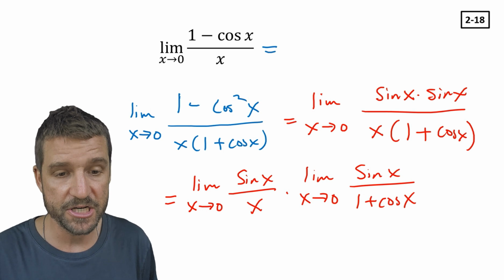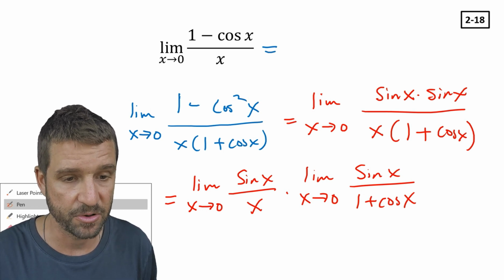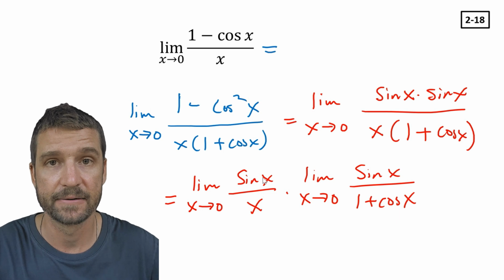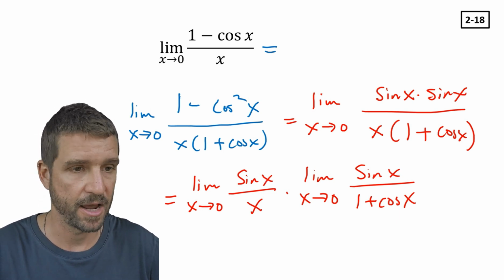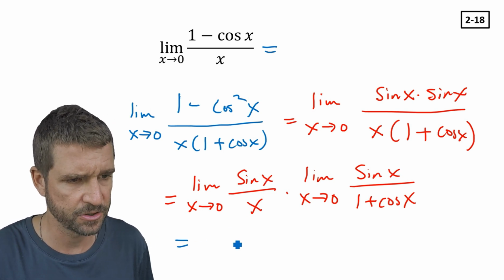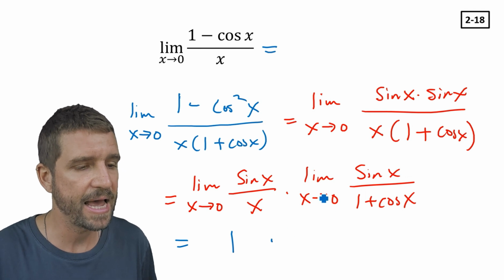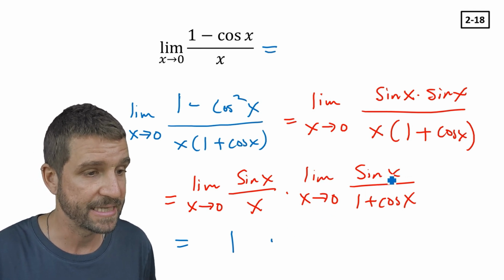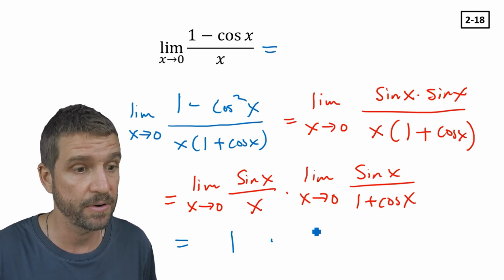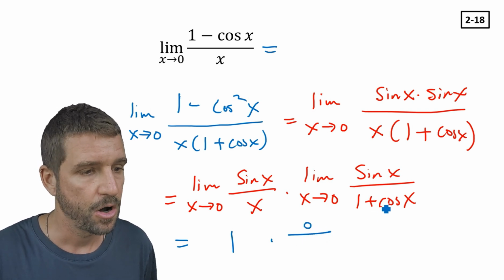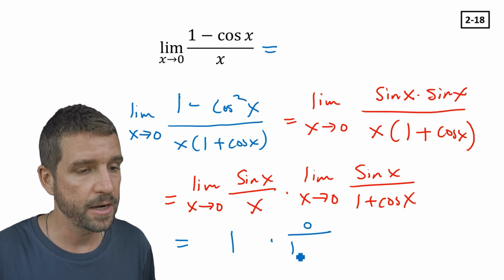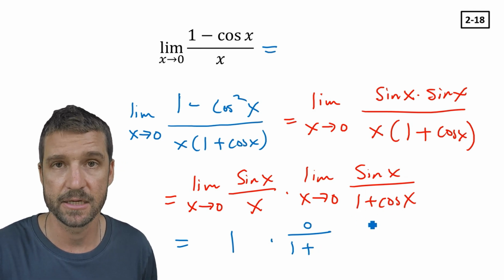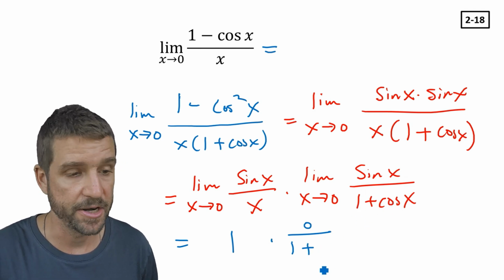Now remember, we just found the limit as x approaches 0 of sine x over x. What was that? It was 1, right? So this equals 1 times, well, now we can just plug in the limit as x approaches 0. So we get sine of 0, the sine of 0 is 0, over 1 plus the cosine of 0, that's 1, correct?